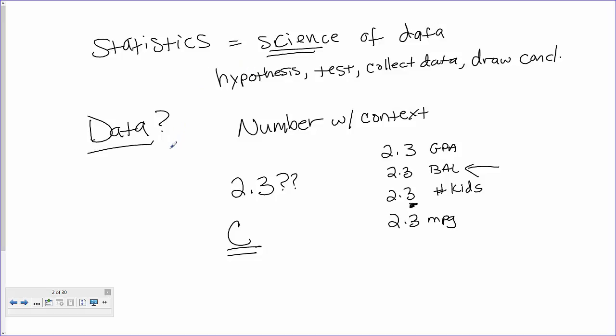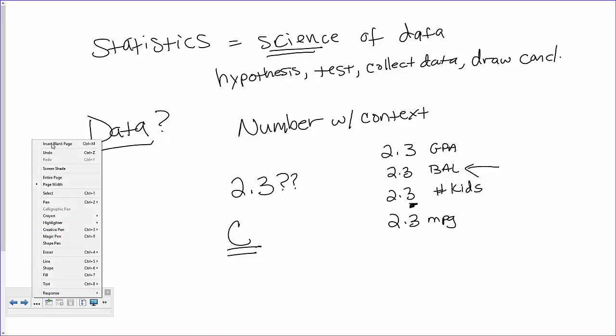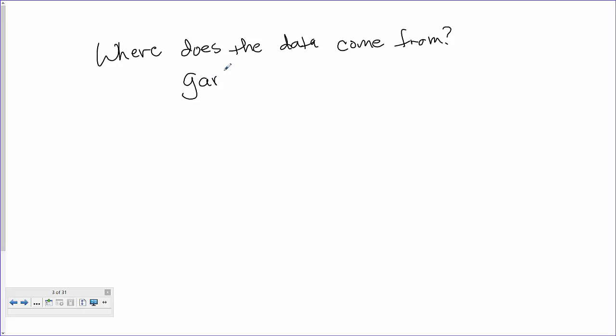So a couple things to remember when we're working through these things is where the data comes from is important. Where does the data come from? The reason is a lot of people use the term garbage in, garbage out.